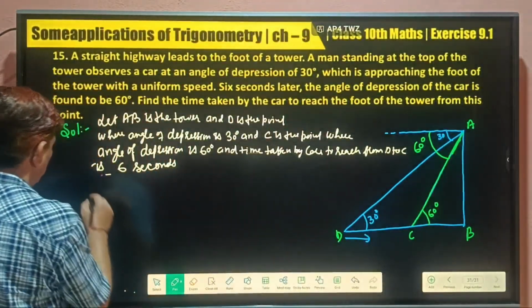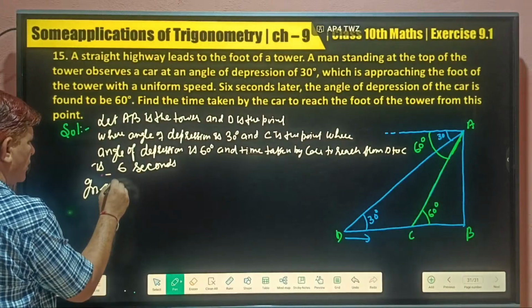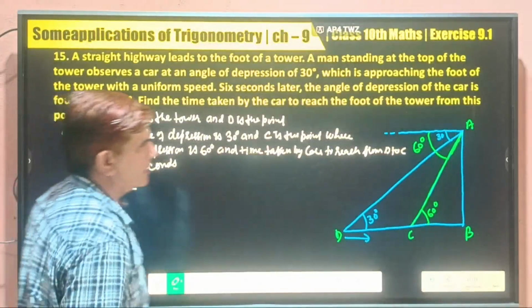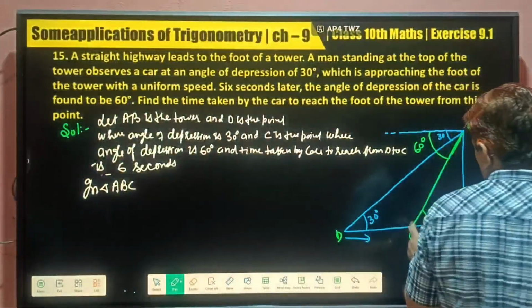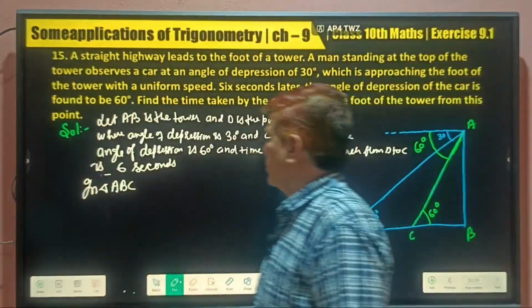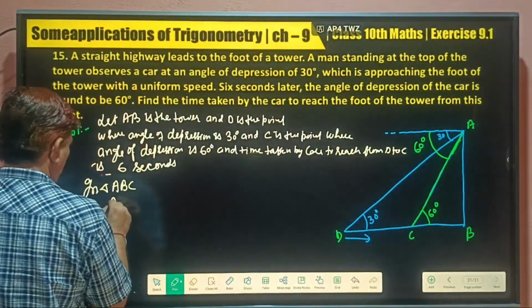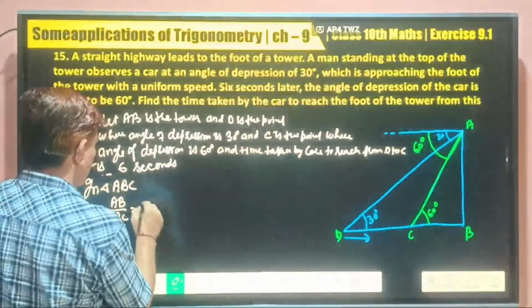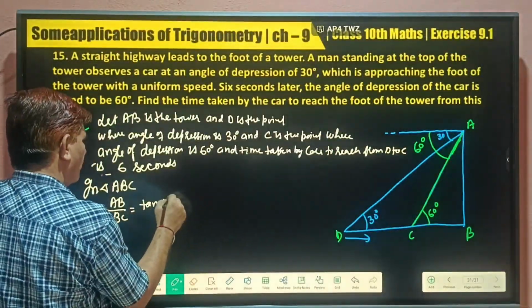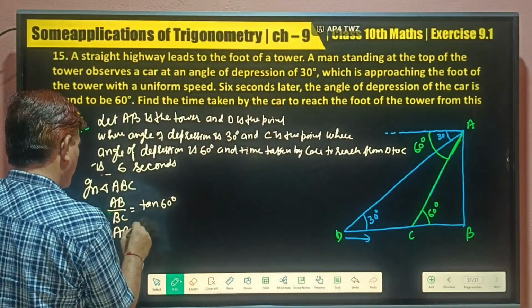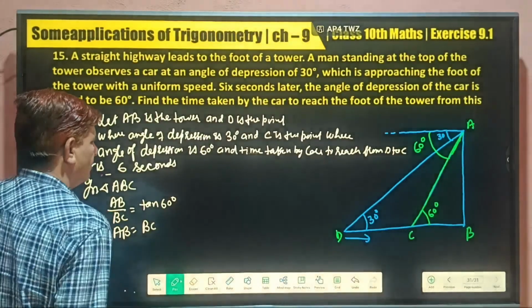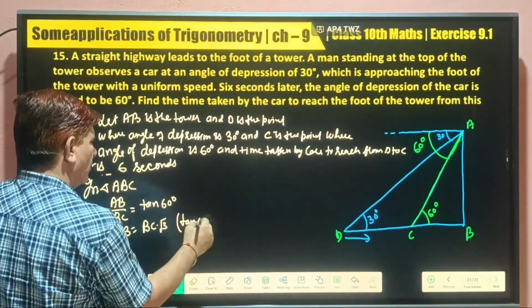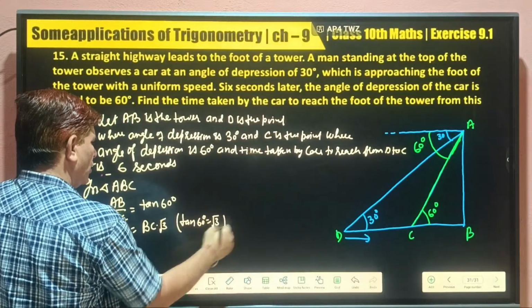So start with a triangle. Which triangle? ABC, this triangle. So AB by BC is tangent 60 degrees.